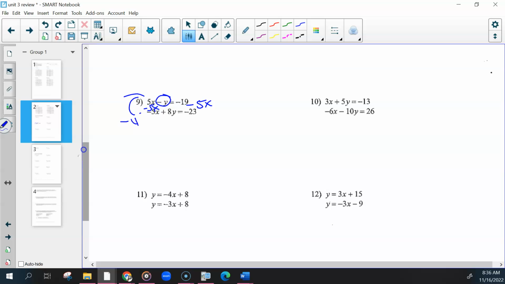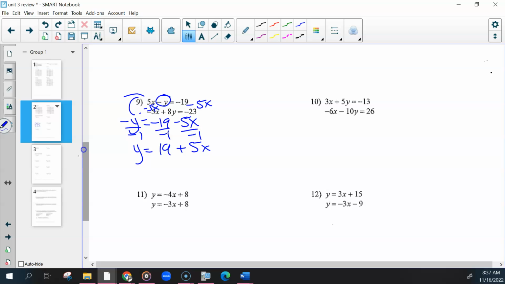So we have negative y equals negative 19 minus 5x. Y still needs to get by itself, so we would divide everything by a negative 1. So that y equals positive 19 plus 5x.